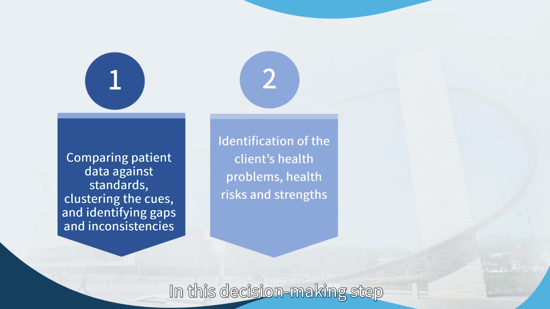In this decision-making step, after data analysis, the nurse, together with the patient, identify problems that support tentative, actual, risk, and possible diagnosis. Also at this stage, the nurse and the patient identify the patient's stress, resources, and abilities to cope.